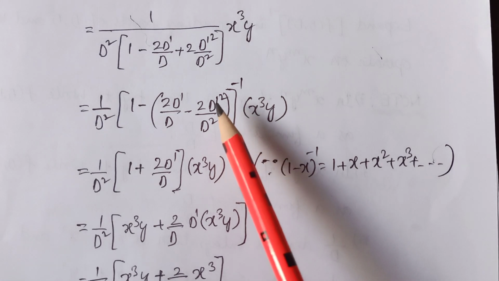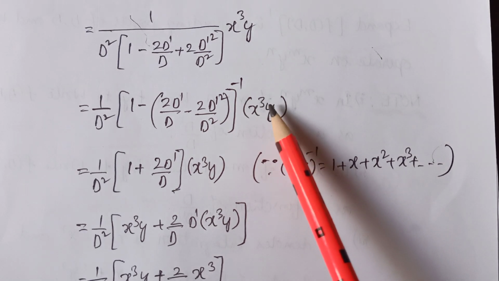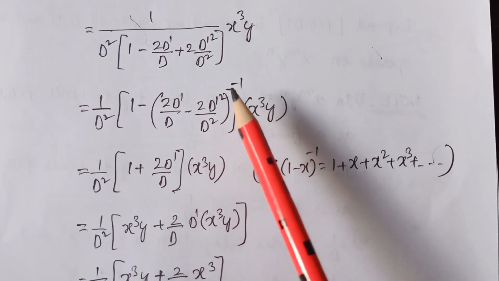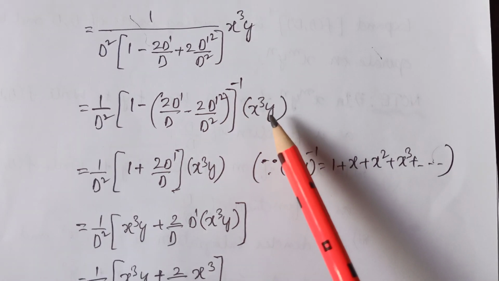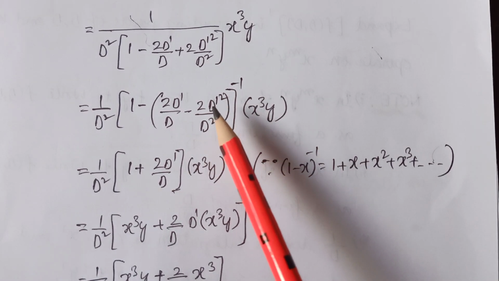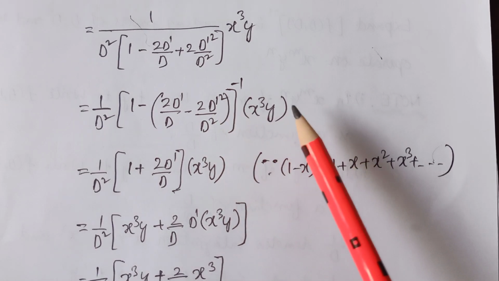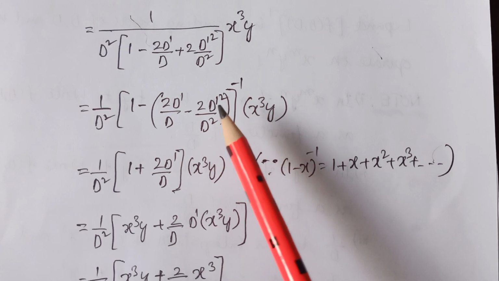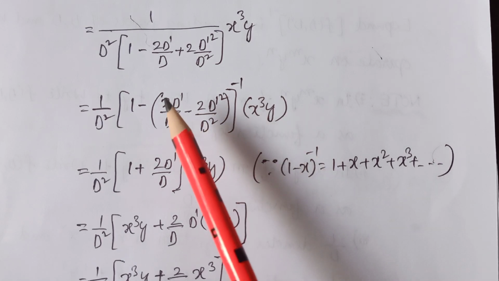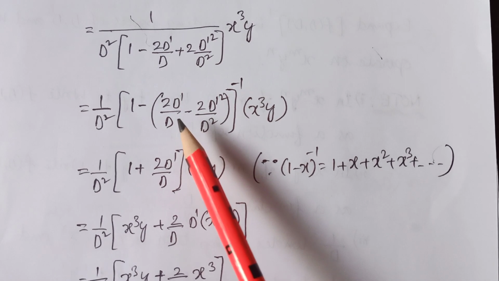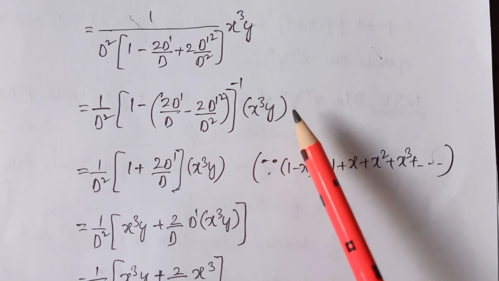When you operate D dash on y, D dash of y is 1, but D dash square of y will be 0. So that's why we are neglecting the higher powers of D dash. I am considering only the first term, that is 2D D dash by D. Got it? Why are we neglecting the remaining terms?